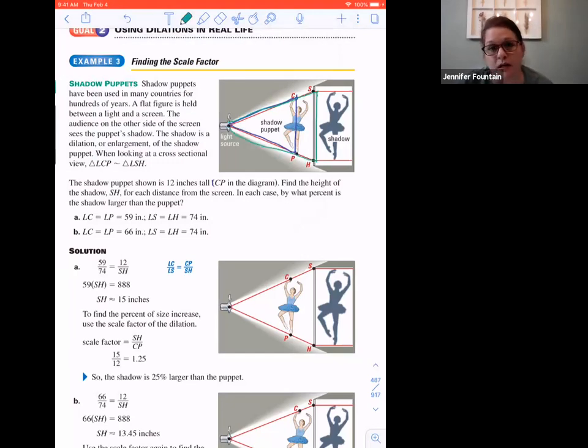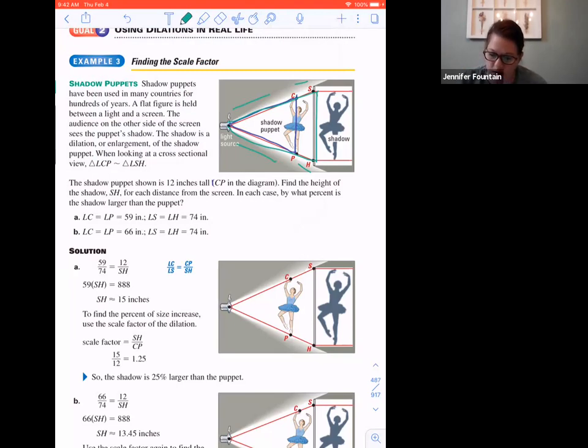Just like we worked with a minute ago, I can see I've got those parallel lines. So if I've got those two parallel lines, then this side to this side is proportional to this side to this side. So I'm using those same theorems that I just learned in the last section and applying them. Now I've got an enlargement.